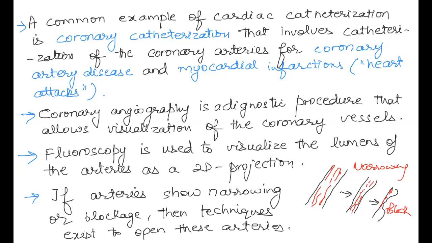There are a lot of technologies. You know what we do? Ballooning. In ballooning, we put a balloon inside and try to open up the block. If we put a balloon inside here, it will widen up the artery. Or insertion of mechanical stents, which increases blood flow.